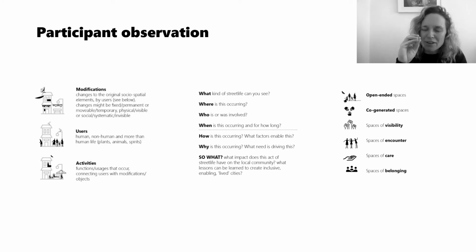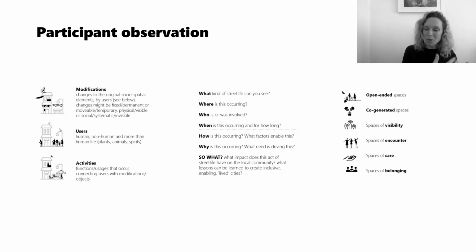So if you think about the modifications or the objects, the people, the plants, the animals that are using them, the intersection of that are the activities, the sort of social impacts. What are you seeing? Where are you seeing it? Who is involved? When is it occurring? How is it occurring? Why is it occurring?